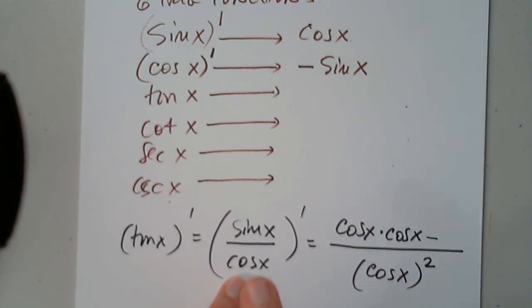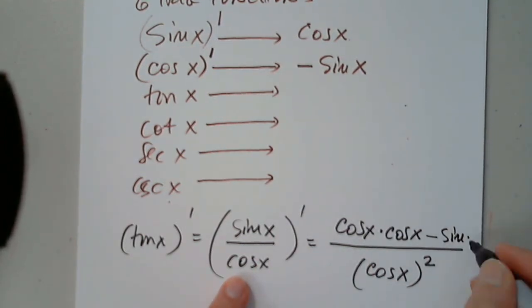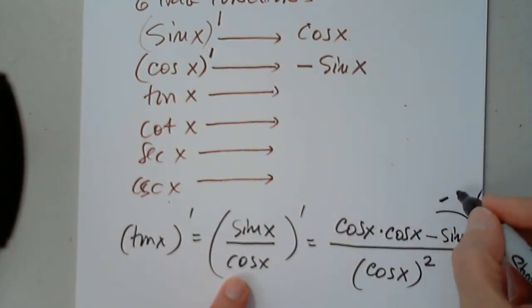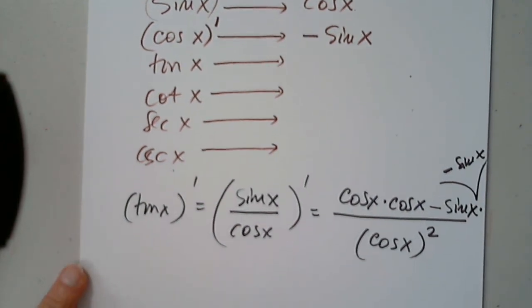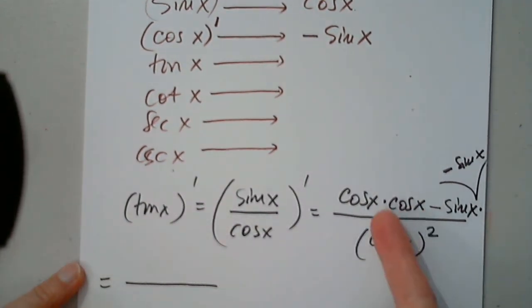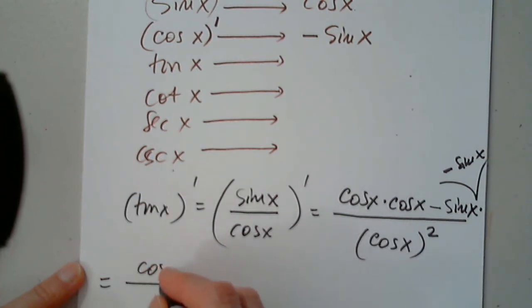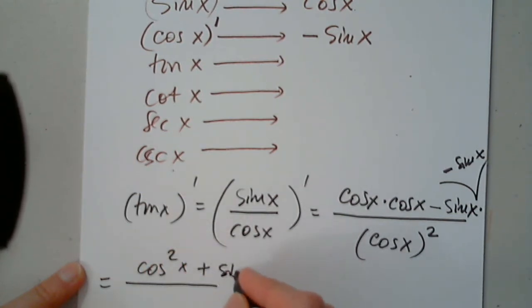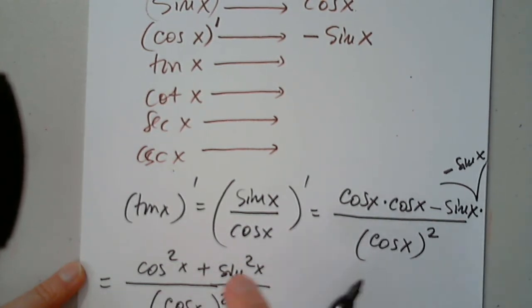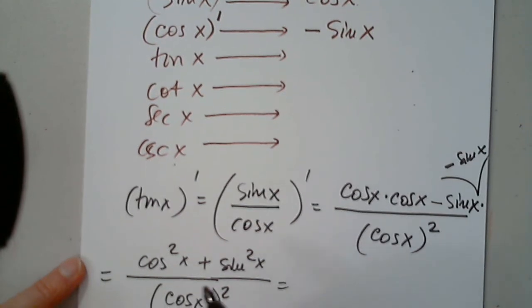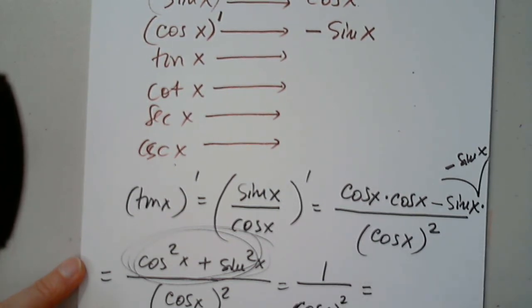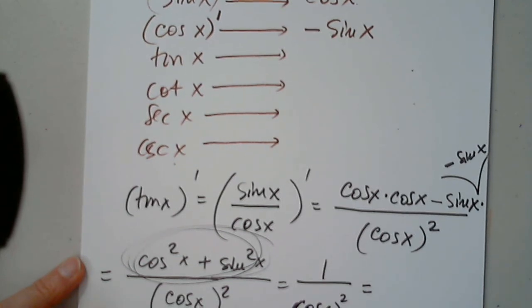Minus sine x times cosine prime, which is negative sine x. So this is cosine squared plus sine squared, over cosine squared. Do not attempt to simplify anything. Does anyone remember how much this is? 1. Very good. And does anyone remember what is 1 over cosine in general?